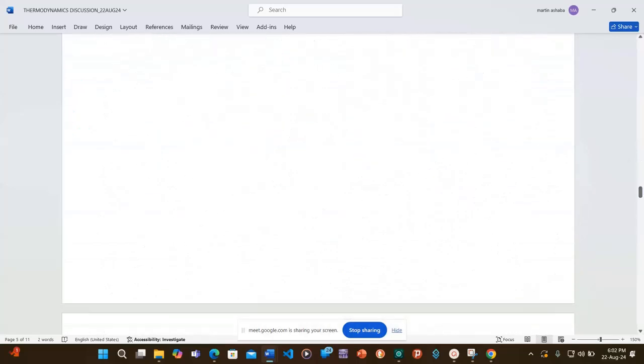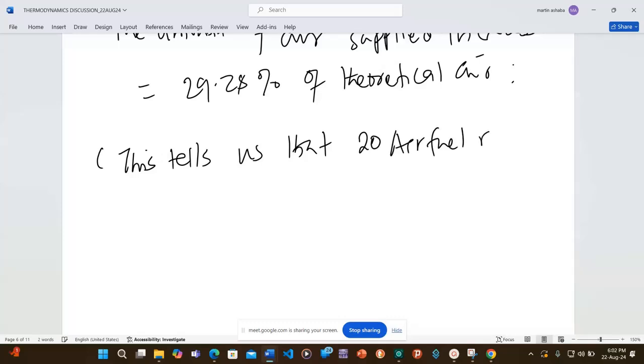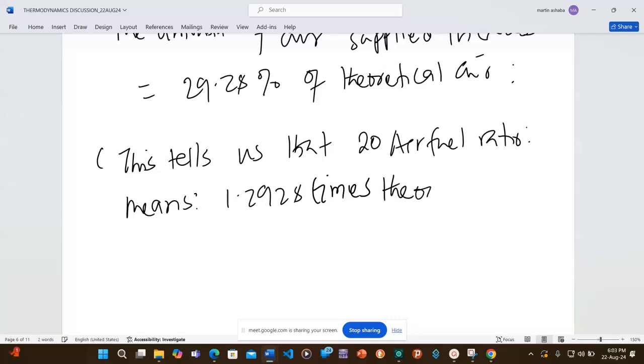So in other words, this tells us that the 20 air fuel ratio means 1.2928 times the theoretical air was used.